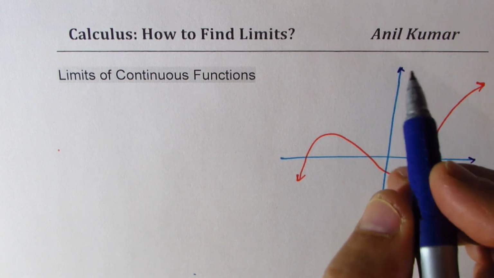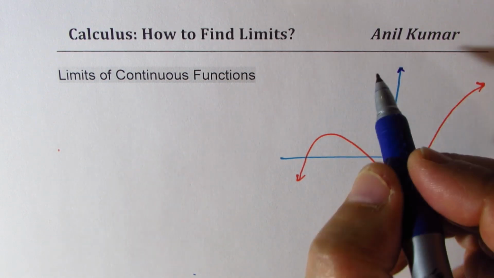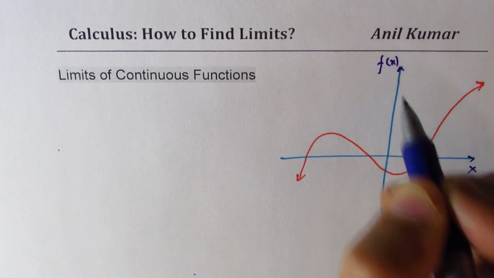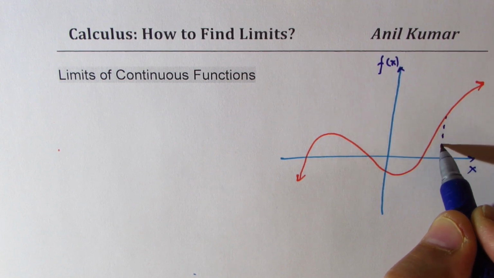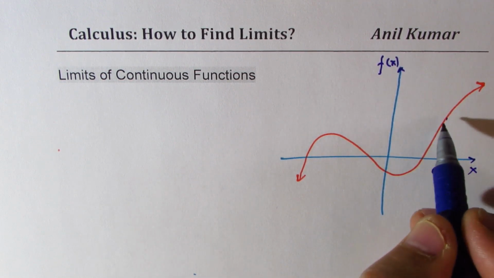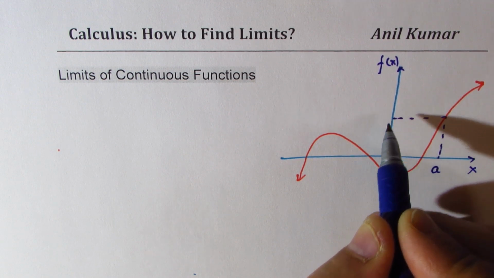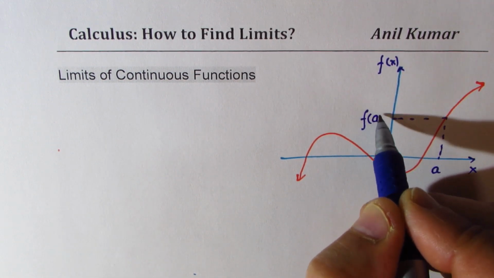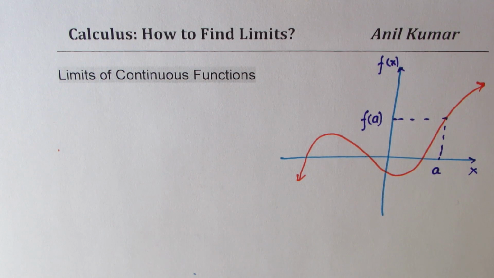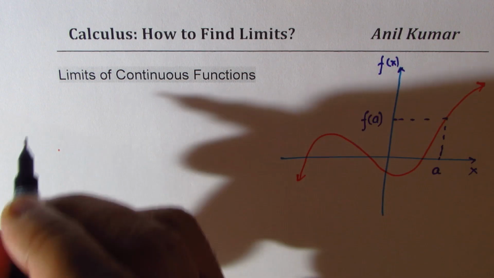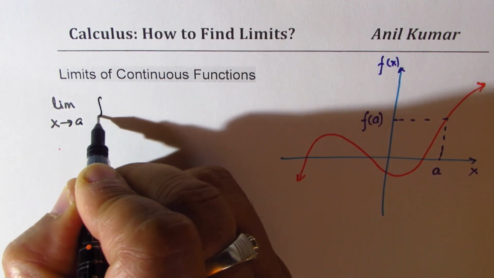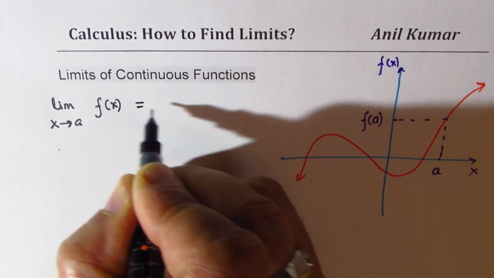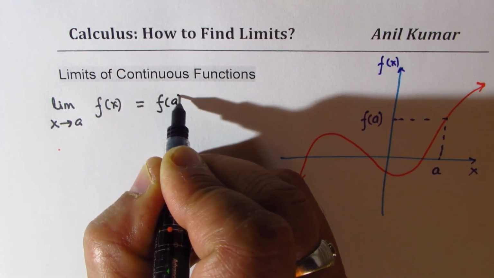If you have to find limit as x approaches a, then the limit is the value of the function at that point, which is f of a. So basically, for any continuous function, we have that limit as x approaches a for f of x is equal to the value of the function at a.